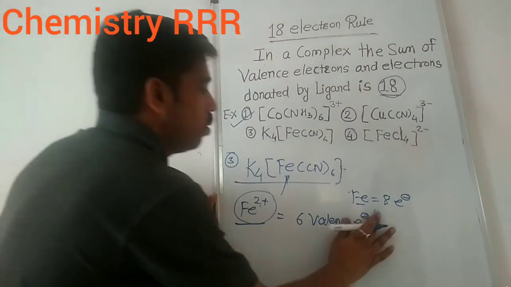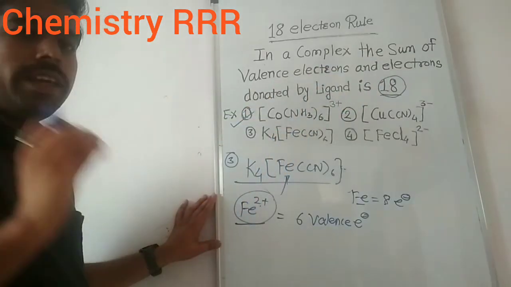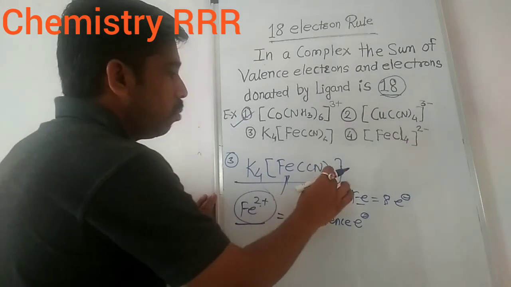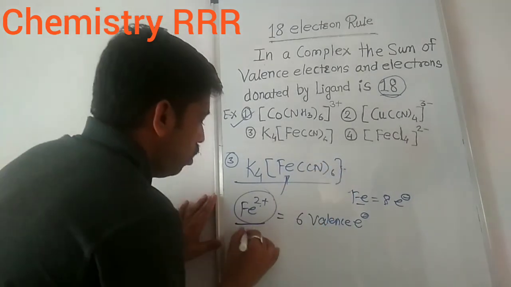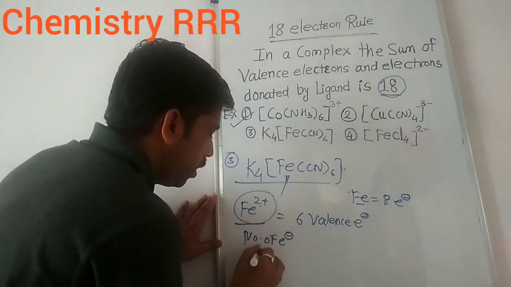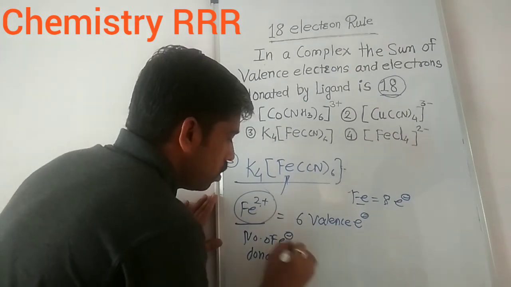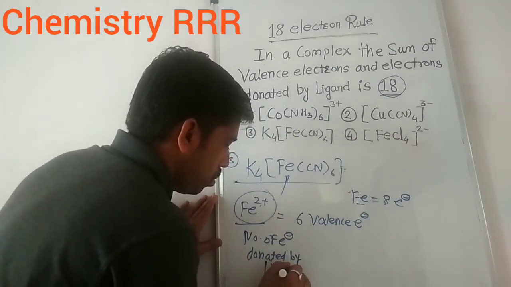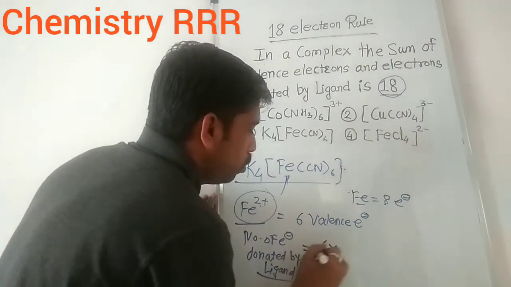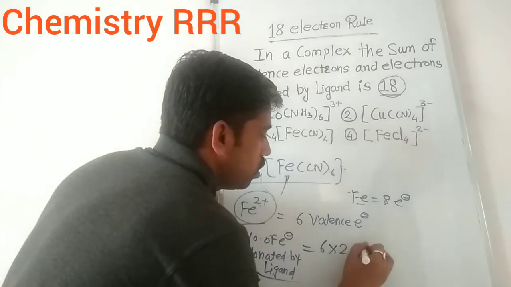Now we determine the number of electrons donated by the ligands. In this complex, cyanide is the ligand and the number of cyanides is 6. So the number of electrons donated by the ligands is equal to 6 into 2, since each cyanide donates 2 electrons. Therefore, 6 into 2 is 12.